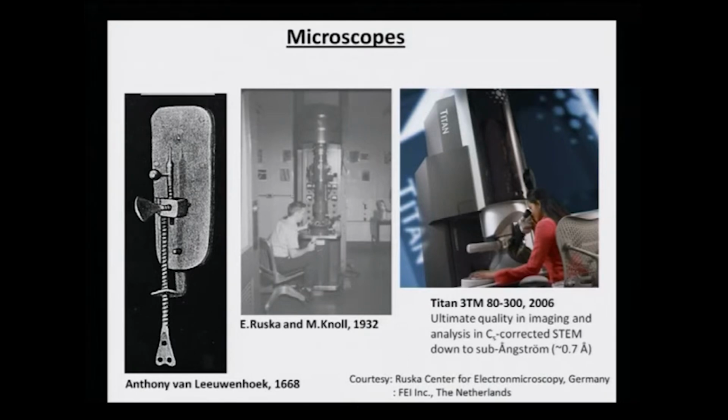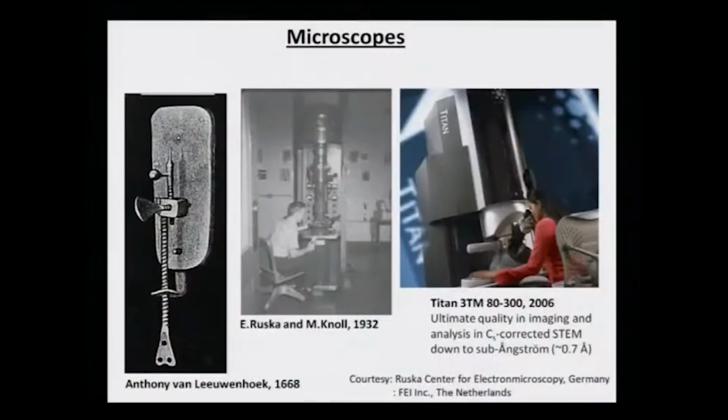But from 1932 to 2006, in about 80 years, transmission electron microscopes have seen a drastic development. We are using the Titan microscope, which is now sold across the whole world by FEI. One can reach a resolution of less than 1 angstrom.